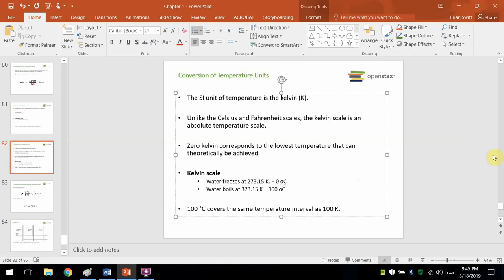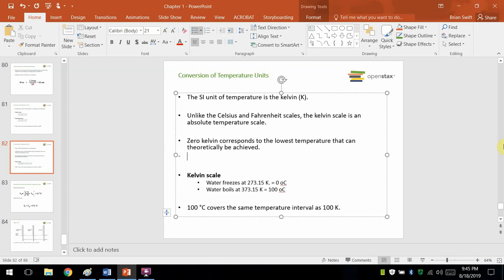So only the United States uses the Fahrenheit scale. The rest of the world and science uses the Celsius scale or the Kelvin scale. Yep, that's not good.